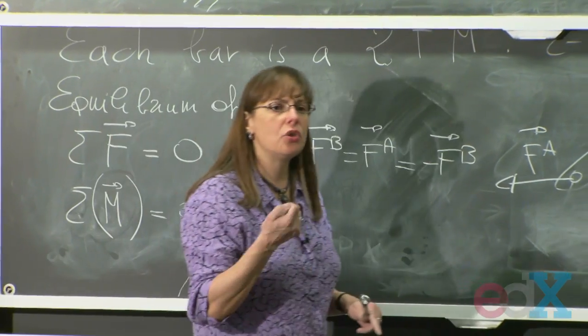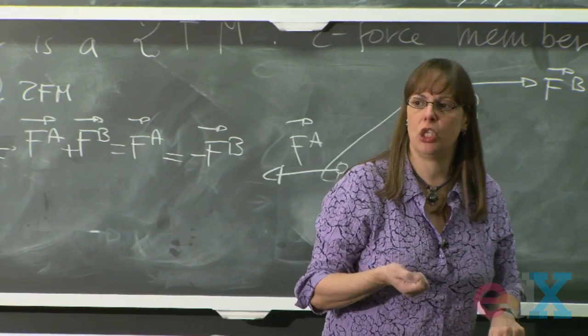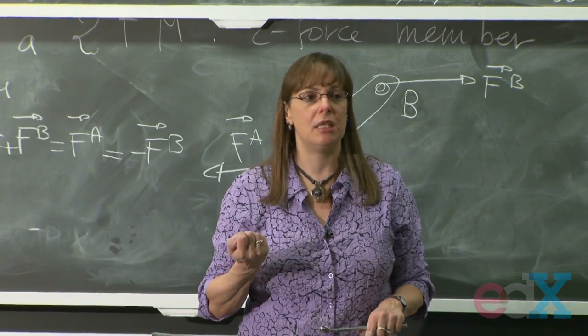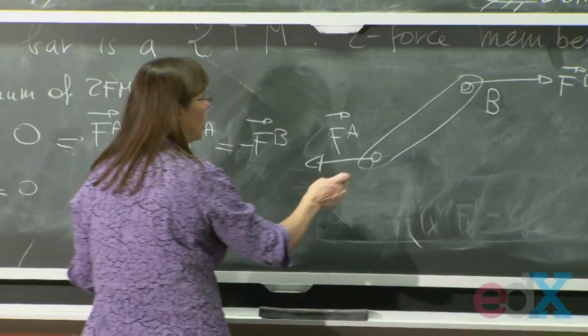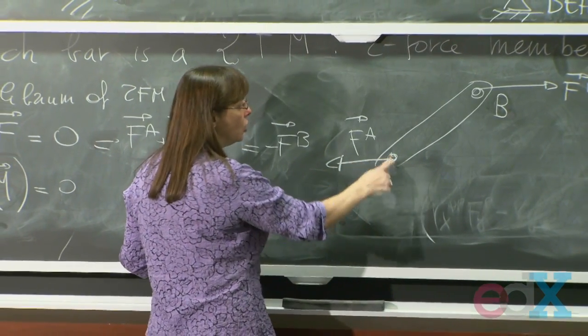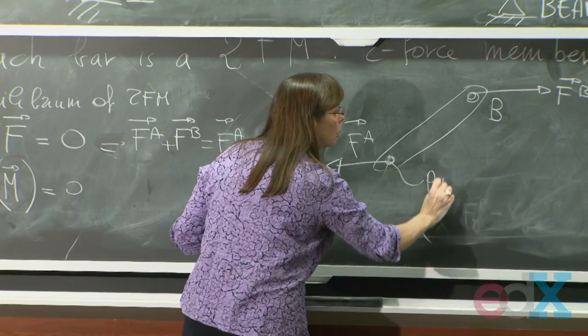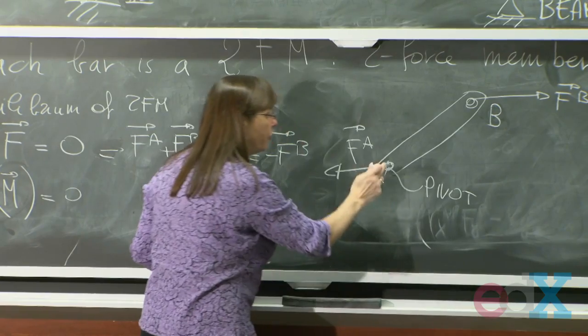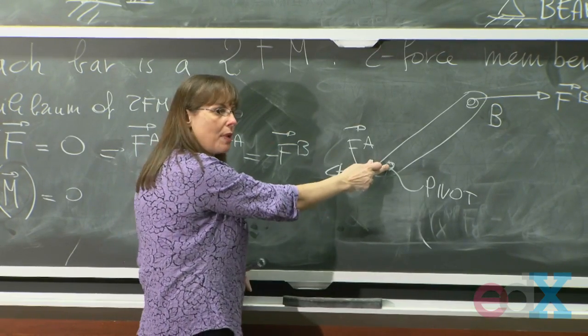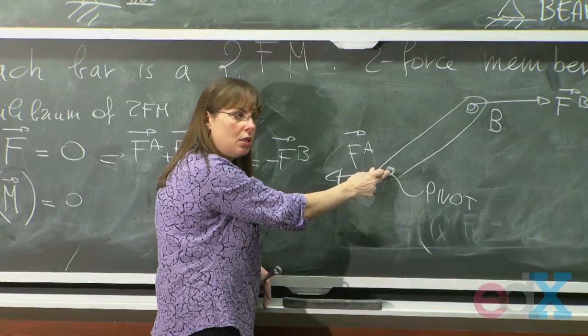So the first rule of choosing a good pivot is choosing a pivot that eliminates unknowns. If I choose my pivot at A, I don't need to worry about the force acting at A, because the moment of FA with respect to A is what? Zilch.